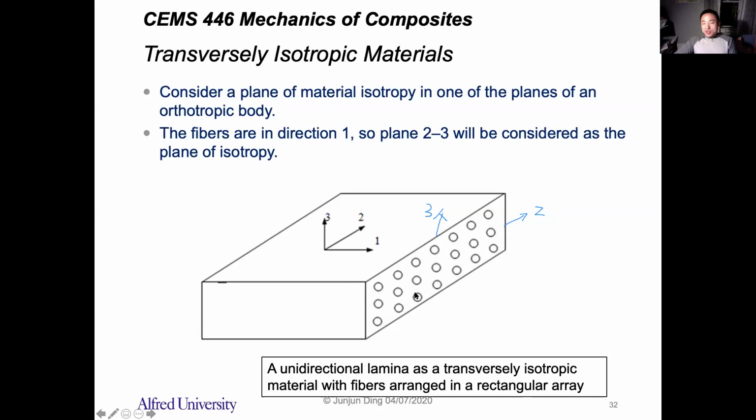But for this lamina, those fibers have to be arranged without directional dependence, right? They have to be arranged in a way that is the same in the 2 direction and 3 direction.